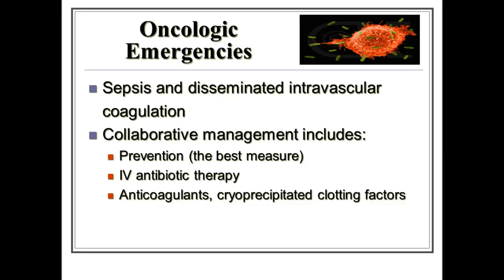As I was telling you, the management for it is the antibiotic therapy, and you're catching everything very early. Anticoagulants, especially like heparin, are given to limit clotting, and they prevent the rapid consumption of circulating clotting factors. So you're gonna treat it like that.